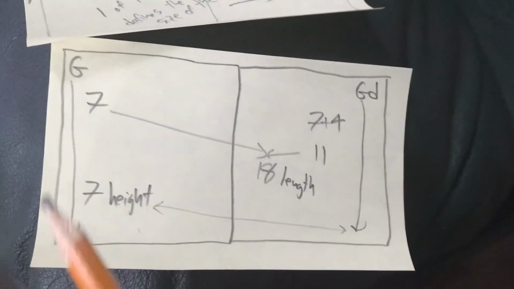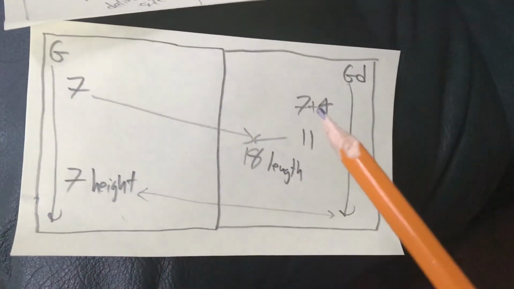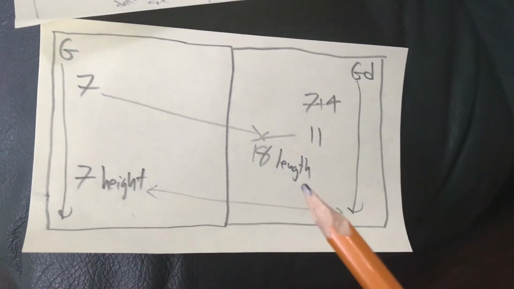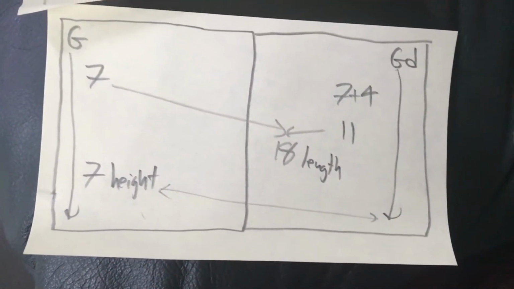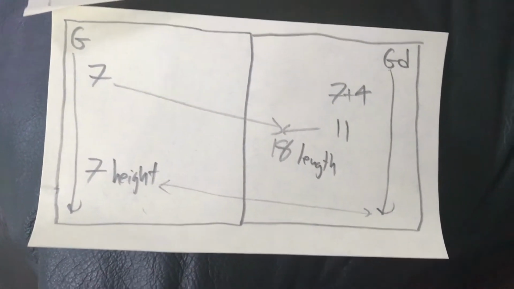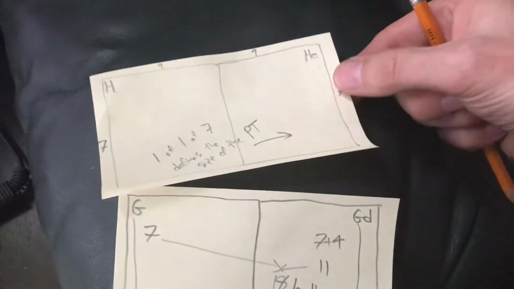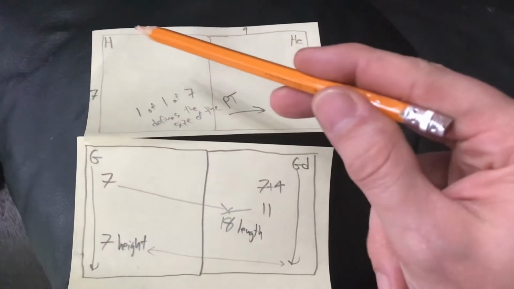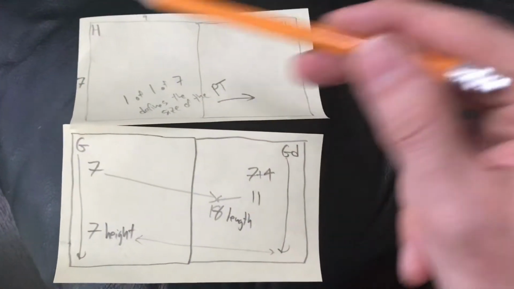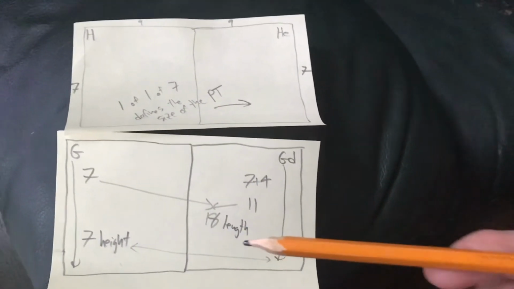It's 7 high, but 7 plus 4 is 18 long. So the length of the periodic table, the size of the periodic table, is detrimental of understanding. If that's your element and it's circled, you've got to subtract the letter to define the size of the table.